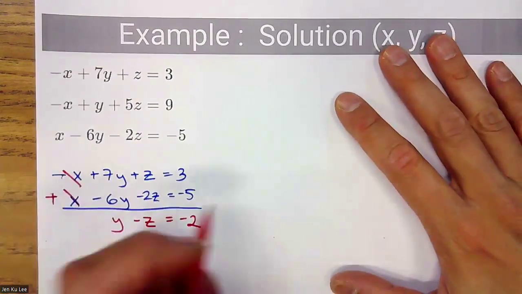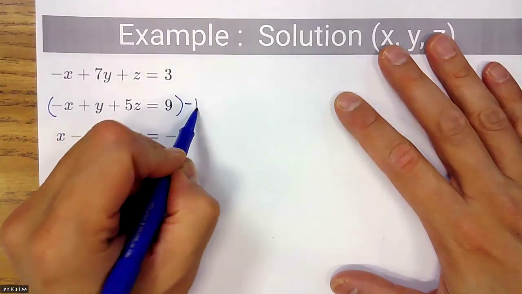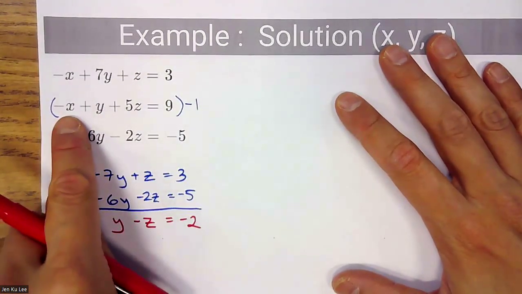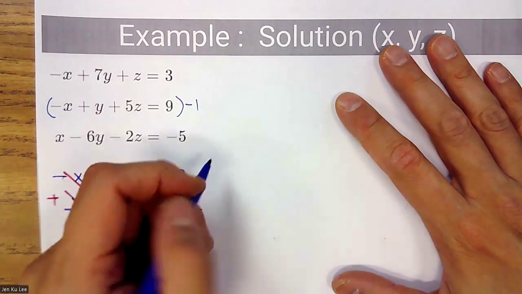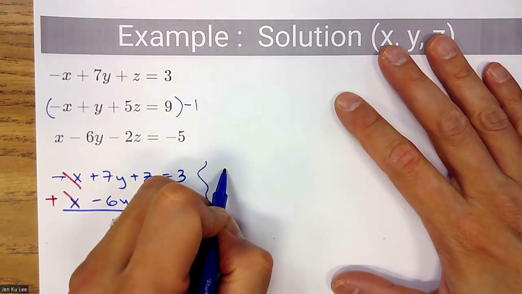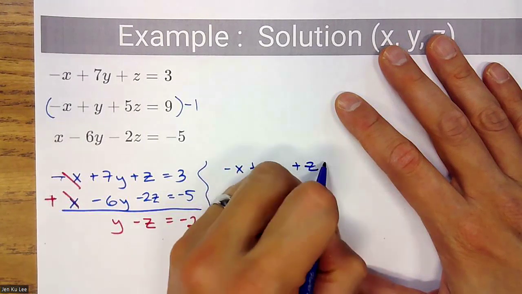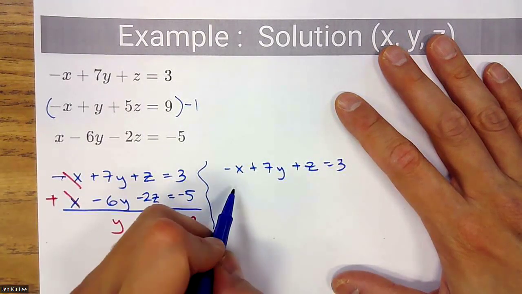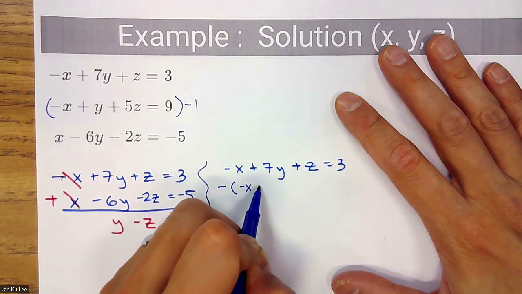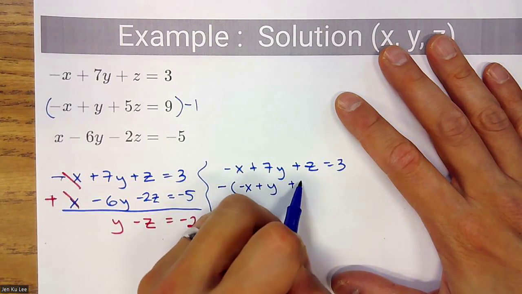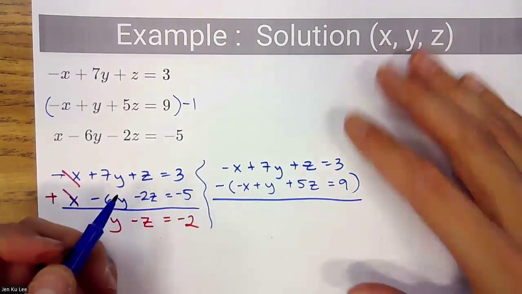And if I multiply this by a negative 1, then I'll have a positive x and a negative x here, right? So that's what I'm going to do. So negative x plus 7y plus z equals 3. And I have minus, I'll just show you the steps here, plus y plus 5z equals 9. Right?